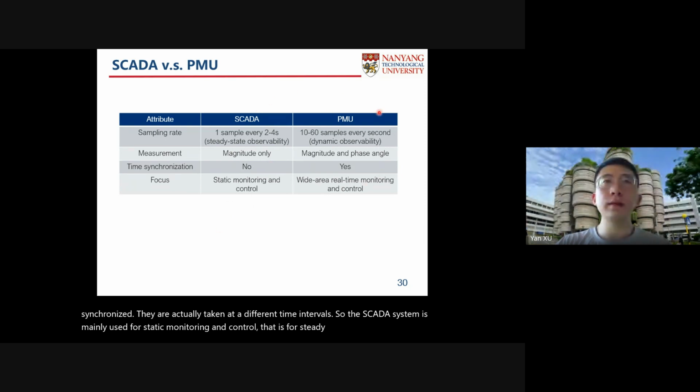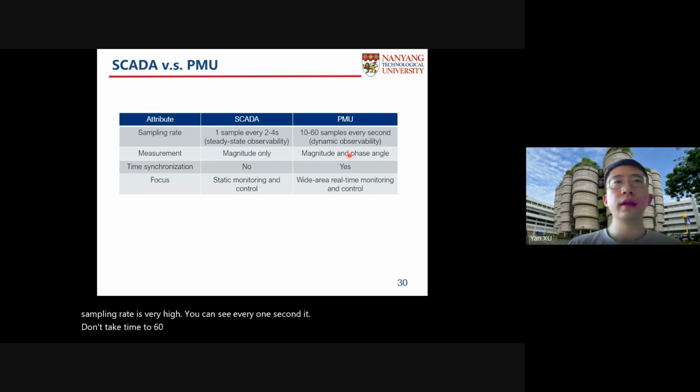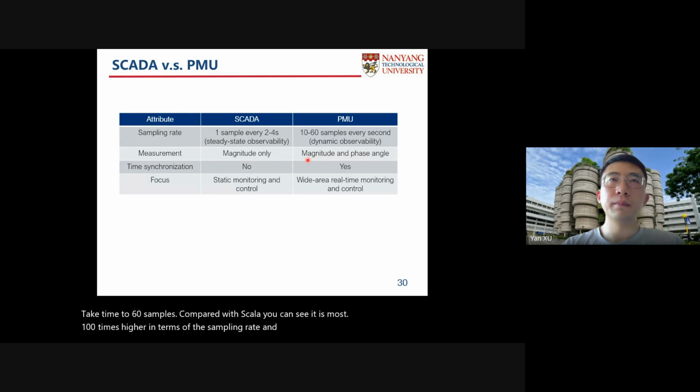A PMU is different. First of all, its sampling rate is very high. You can see every 1 second, it will take 10 to 60 samples. Compared with SCADA, it is almost 100 times higher in terms of the sampling rate. And importantly, it can measure both magnitude and phase angle as well. And the values are time synchronized.